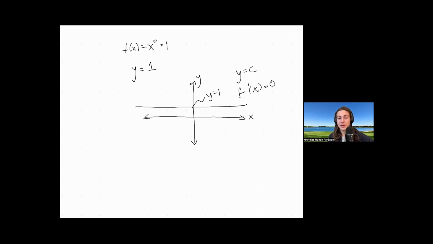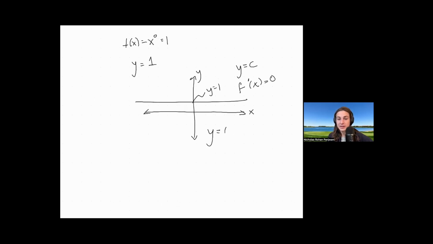And another way you can look at that is, again, the slope of this line, right? So this is a line, y equals 1 is a line of the form y equals 0x plus, in general, some constant, but in this case, plus 1, right? So the 0 times x is equal to 0, plus 1 is equal to 1. So the slope of this line, right, y equals mx plus b, m is equal to 0.